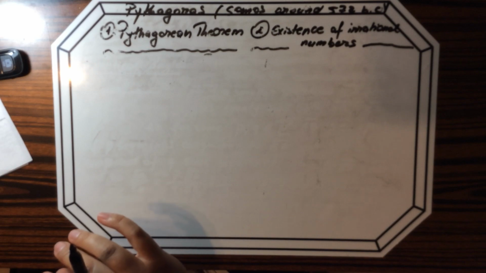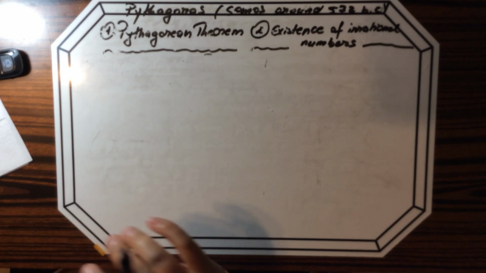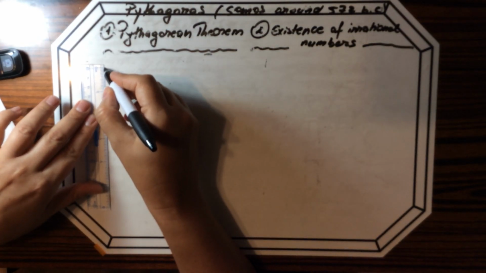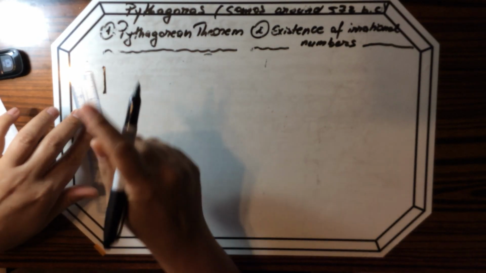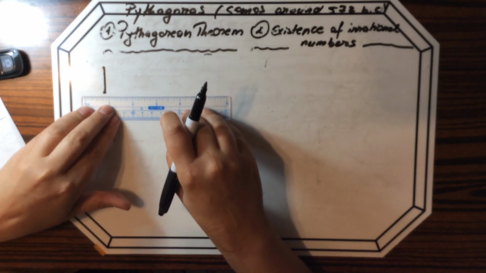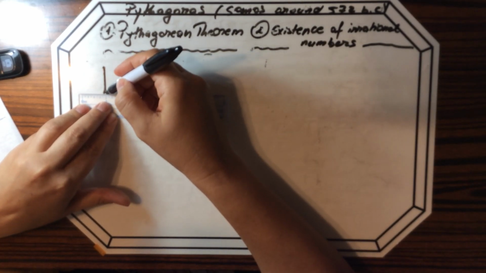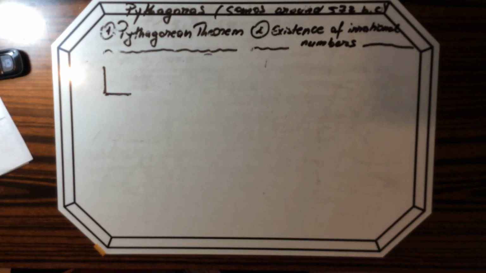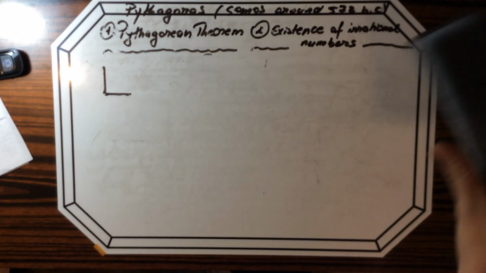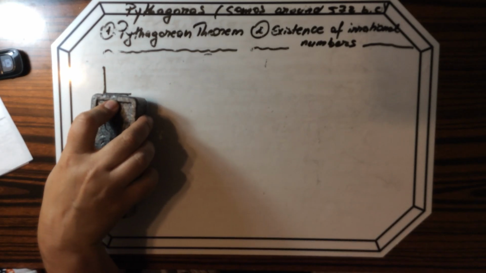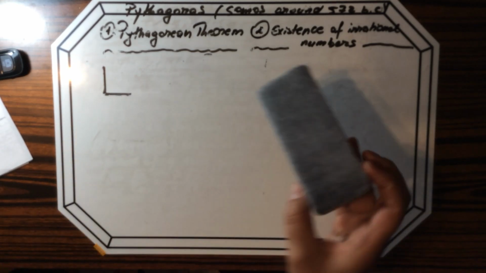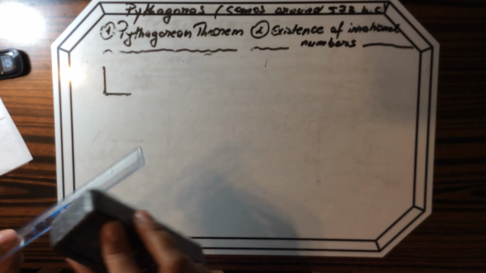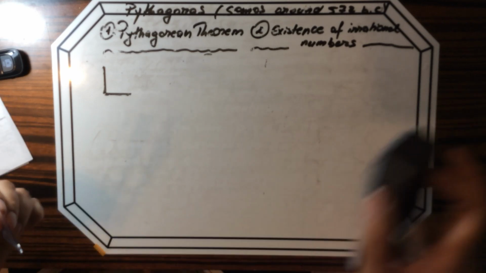What Hippasus meant was the following. Should you have a square with sides of length 1, whatever 1 is, by 1 here we mean a unit, a measure of unit.